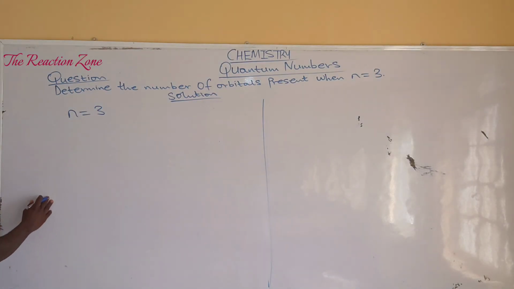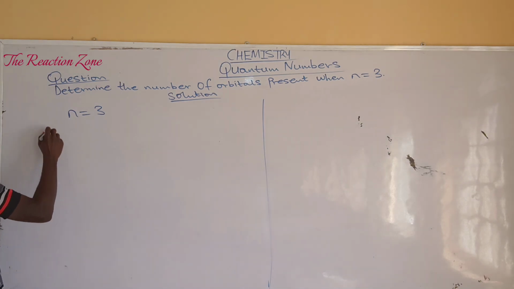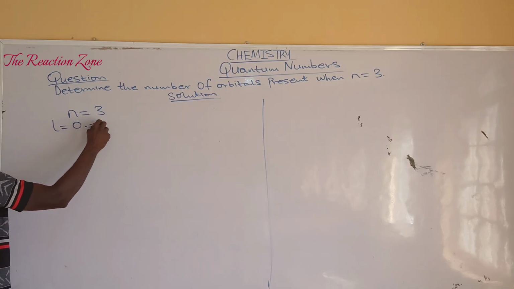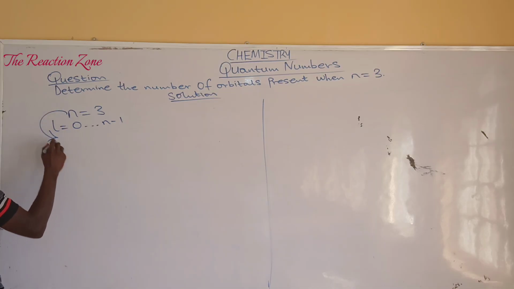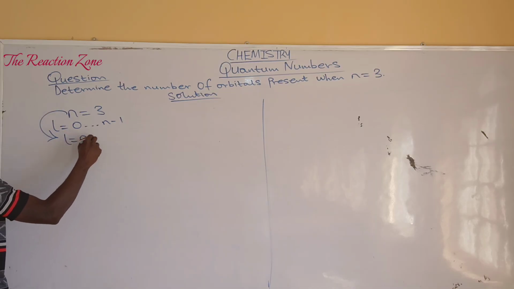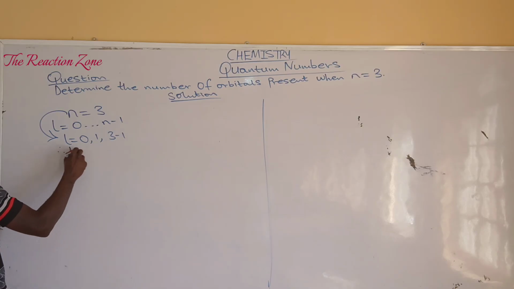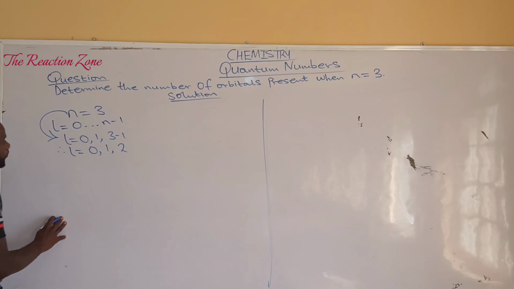Now, the values of the azimuthal quantum number depend on the principal quantum number, and range from 0 to n minus 1. So this means that when n is equal to 3, L will be equal to 0, 1, up to 3 minus 1, so L will be equal to 0, 1, 2.